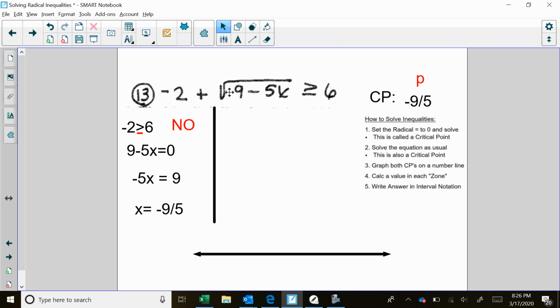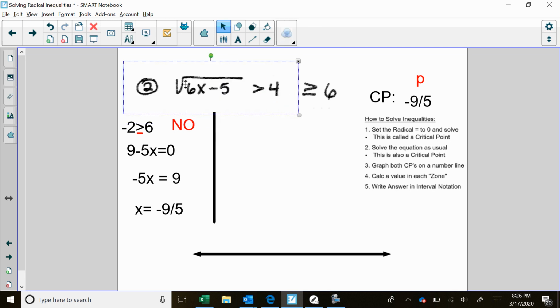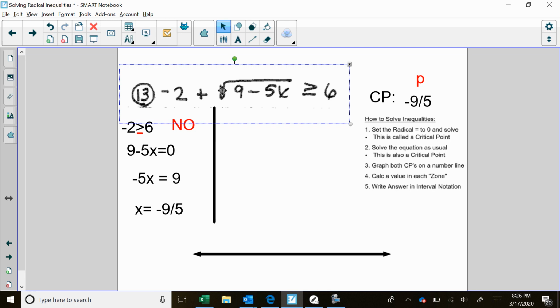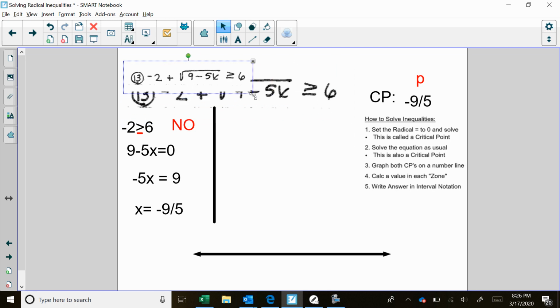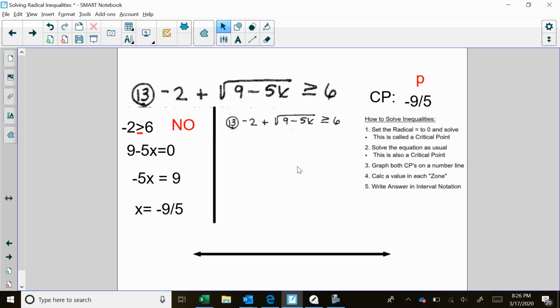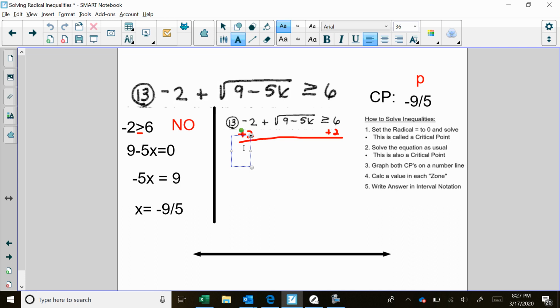Second critical point, solve the equation. Almost done, guys. Last problem. So we got to get rid of this 2 first, so we will add 2. So that's 9 minus 5x.